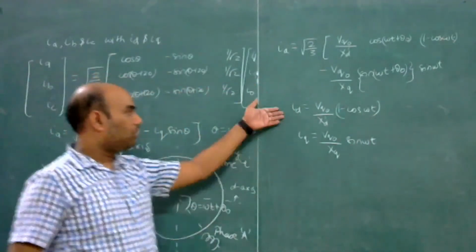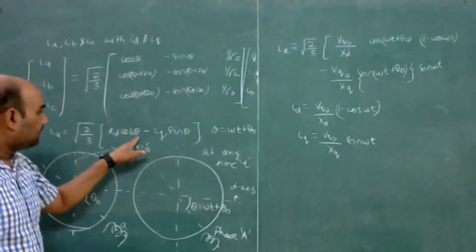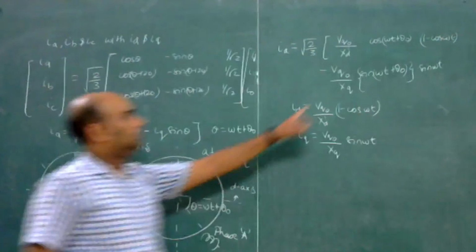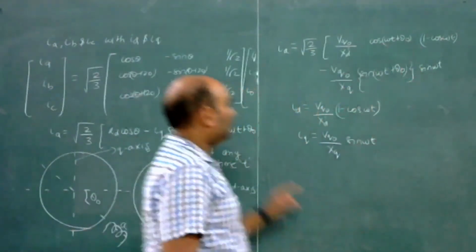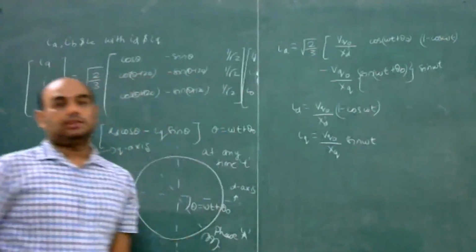This is the value of ID and this is the value of IQ, and here theta is equal to omega t plus theta naught, and the sine is of omega t plus theta naught.